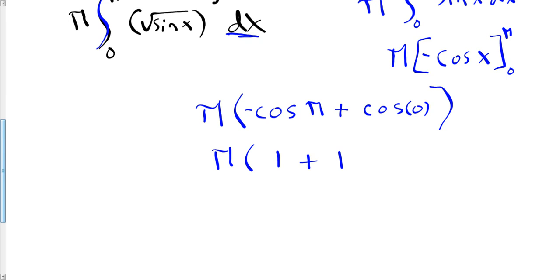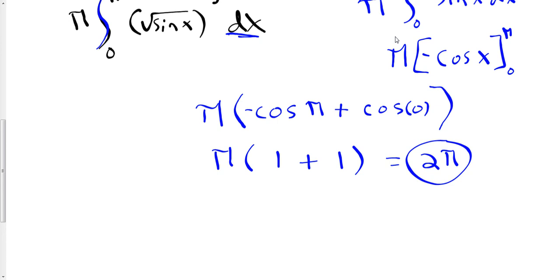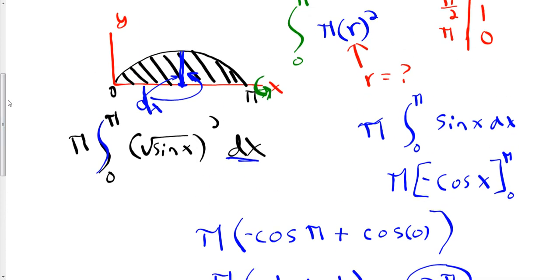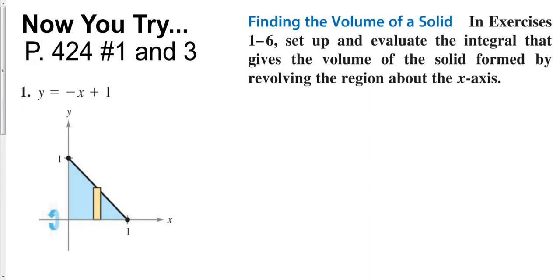Cosine of 0 is 1, so it looks like the whole volume is 2 pi. And that is correct. That is actually the volume of this shape here. I like beehive, probably the best analogy I've come up with so far. So there's that. Now let's take a second and try these problems.